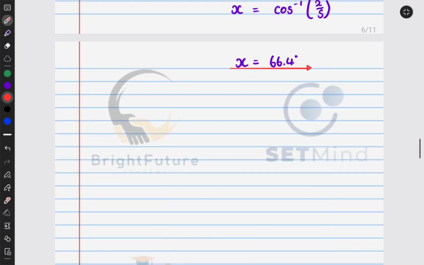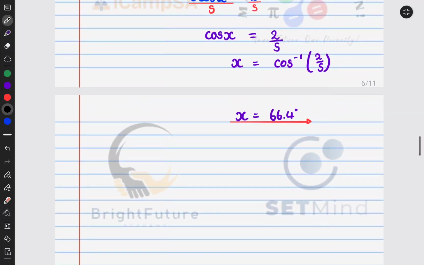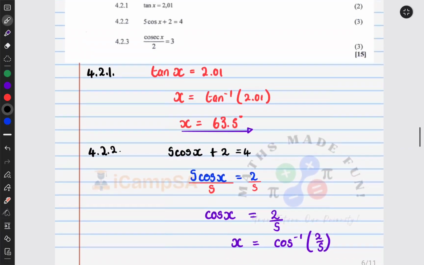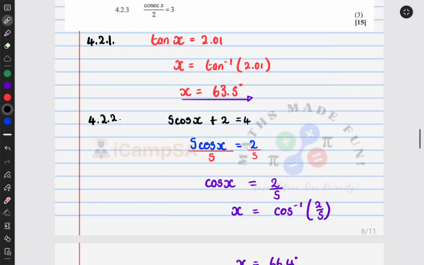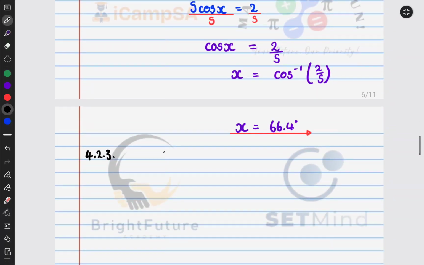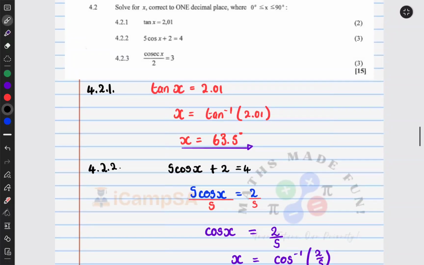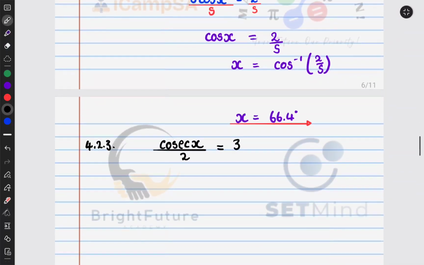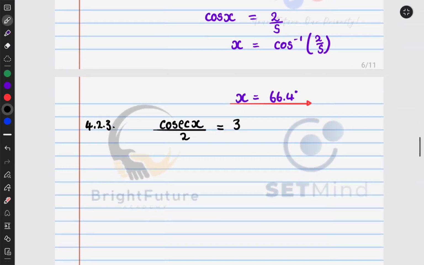That is 4.2.2, and then for 4.2.3 we are given cosec x over 2 is equal to 3. First thing first, cosec x is what? It is the reciprocal of sine x.